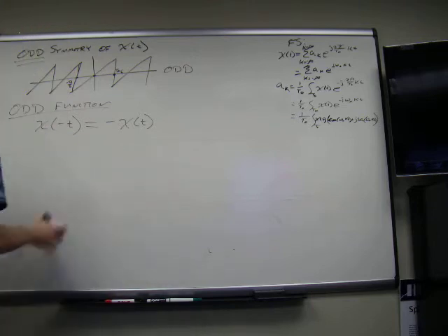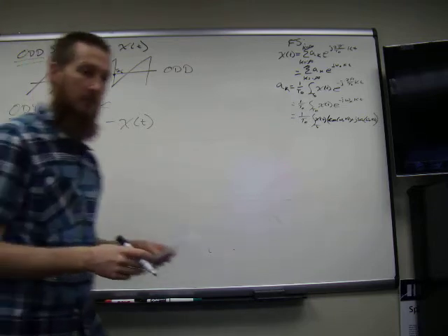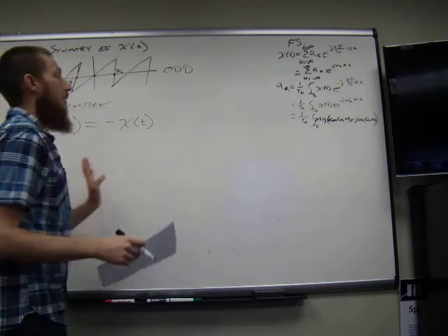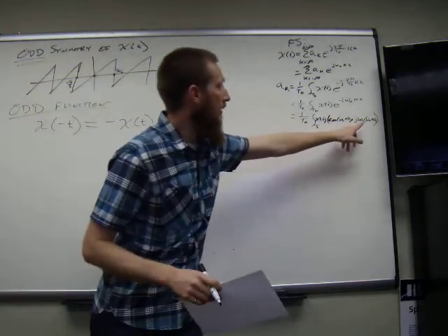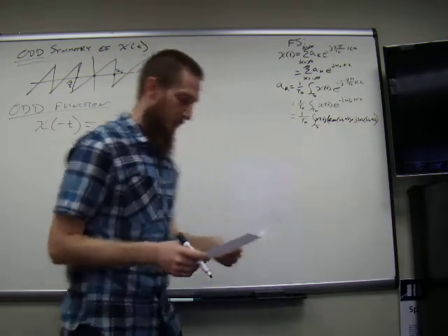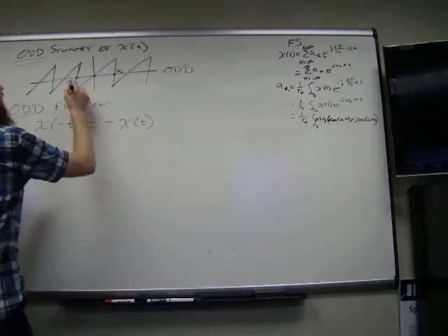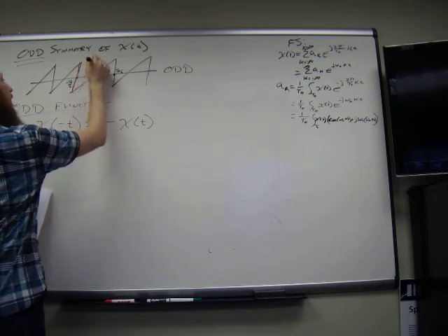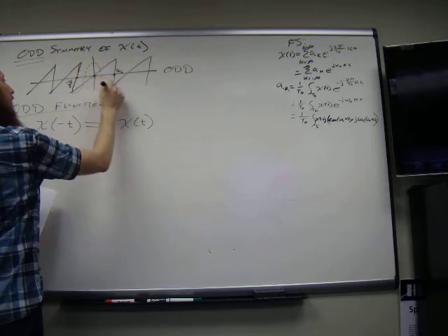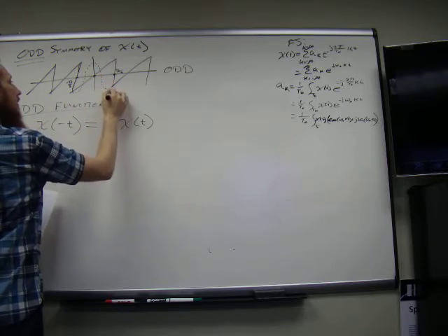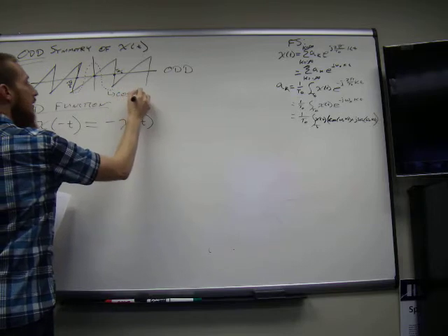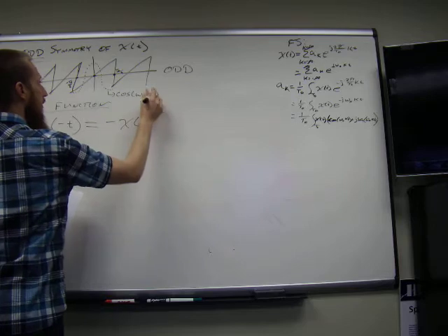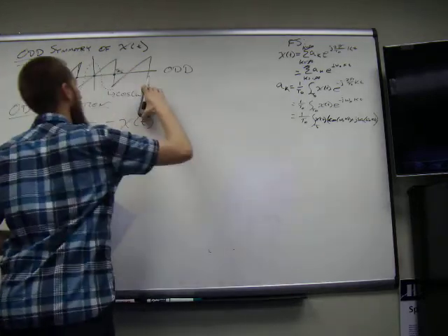So cosine, wait a minute, cosine does not go through, sine goes through 0. Sine is an odd function, cosine is an even function. So cosine of omega naught, and we're going to just go ahead and say omega naught of t.